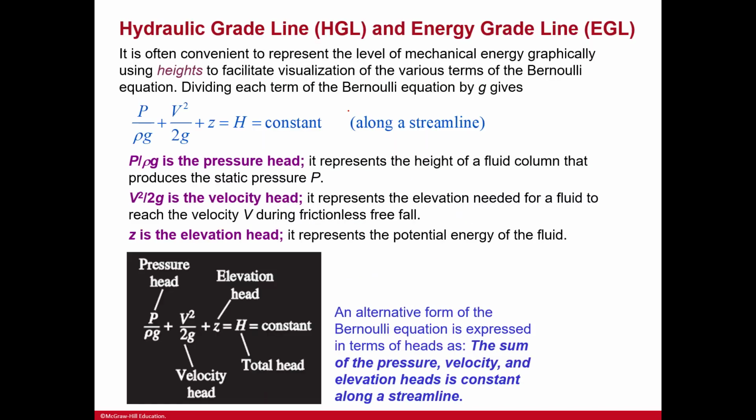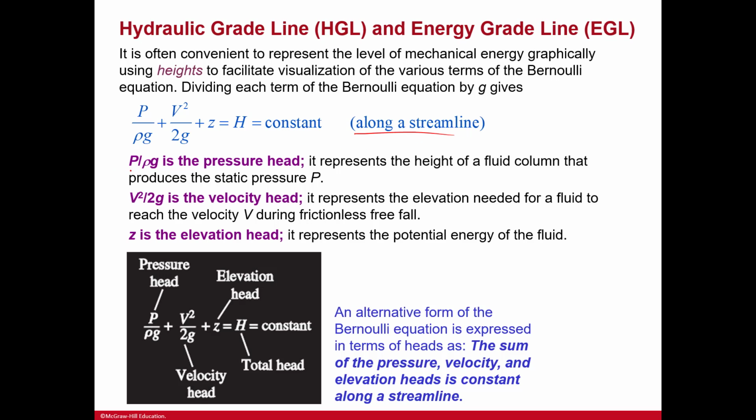So the hydraulic grade line, HGL, and the energy grade line, EGL. It's often convenient to represent the level of mechanical energy graphically using heights to facilitate visualization of the various terms of the Bernoulli equation. Dividing each term of the Bernoulli equation by g gives this, and that's, again, along a streamline.